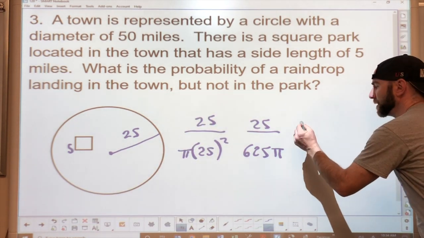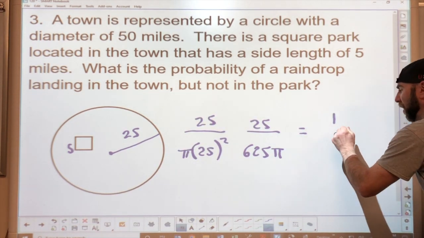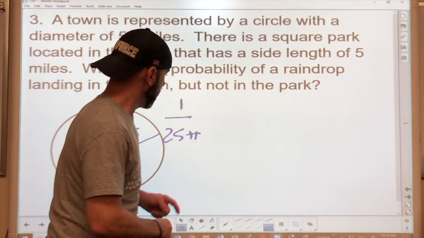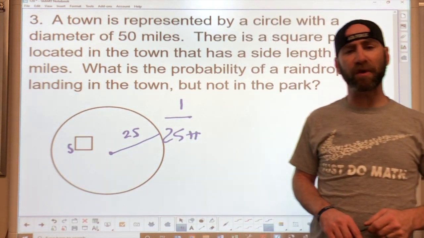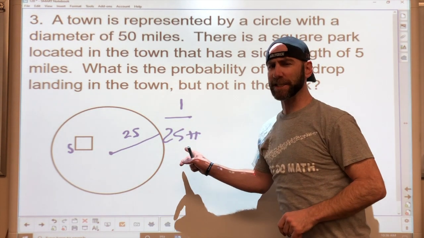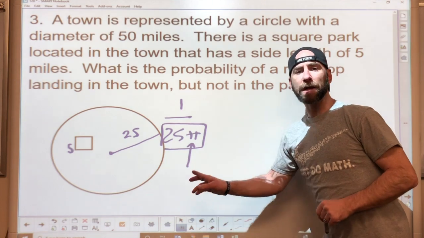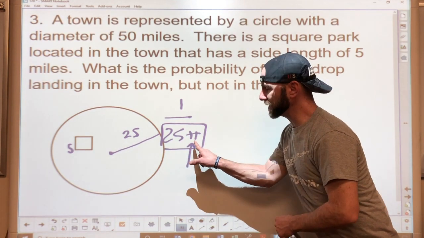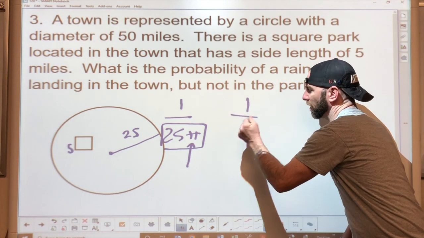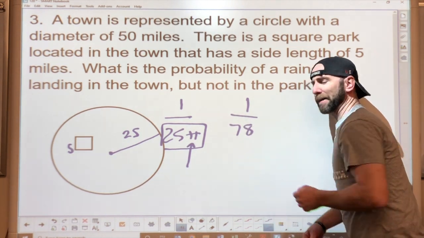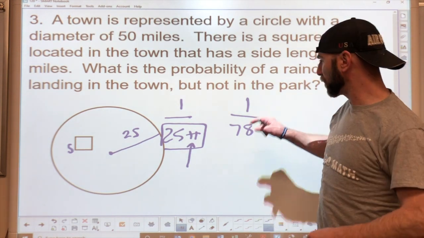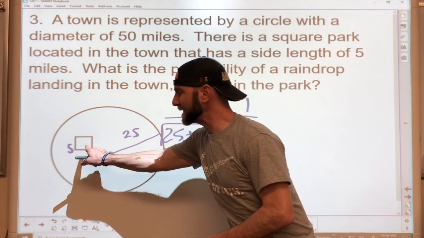This gives us 1 over 25 pi. Here's our probability of a raindrop landing inside the park, but this is difficult to understand. So I'm going to have you calculate this using 3.14, and it's going to give us 1 over 78. About. So if 78 raindrops fall, only one of them is going to land inside the park.